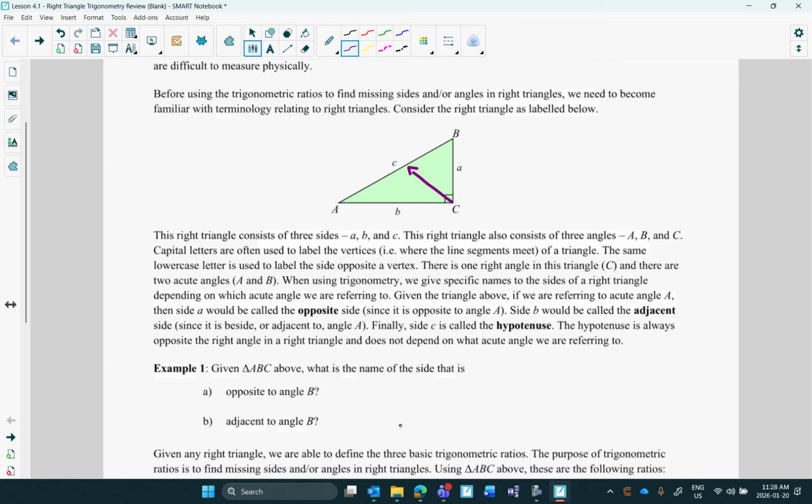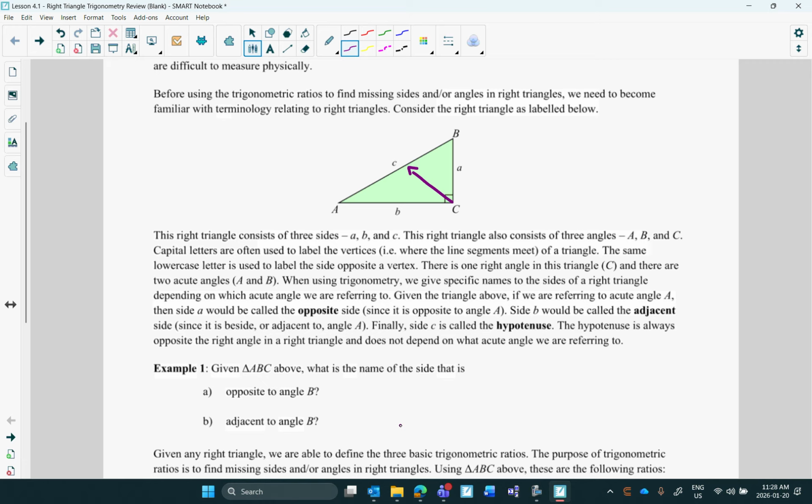So we've got that one done. Now we just have to figure out which one we're going to call opposite, which one we're going to call adjacent. Well, if we're talking about angle A, how would I find the opposite side to angle A? I know little c is the hypotenuse, so which of these sides is opposite angle A?